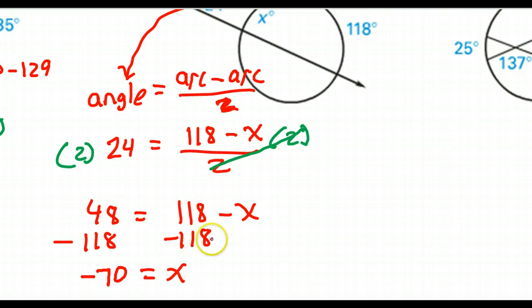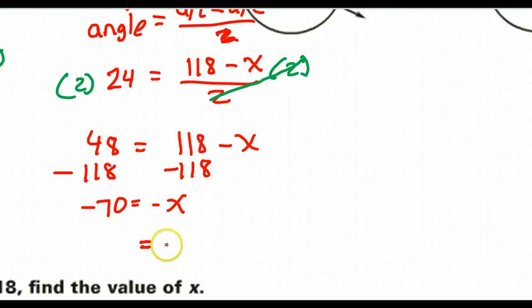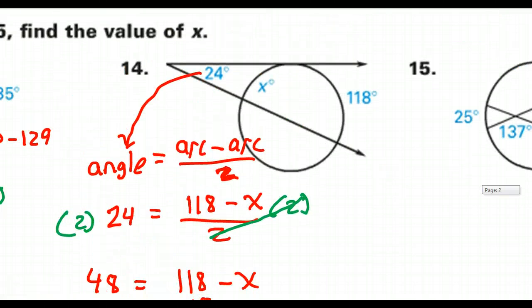I'm sorry, it's not x equals. See that minus sign right there? That's negative x. Okay, so I'm going to have negative x equals negative 70. And if negative x equals negative 70, that means x equals 70. You can think of that as multiplying both sides by negative 1 or dividing both sides by negative 1.